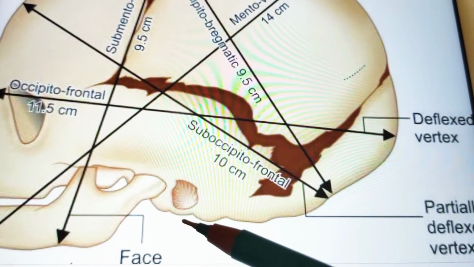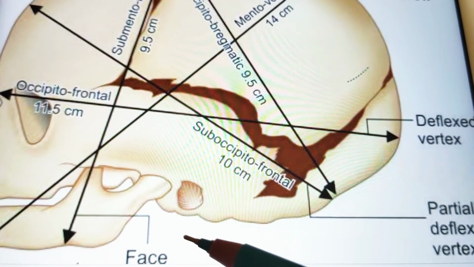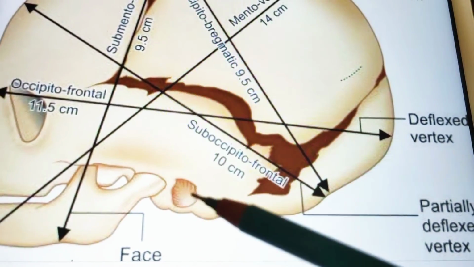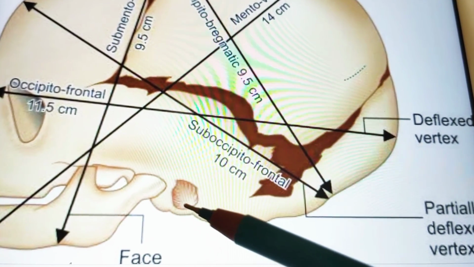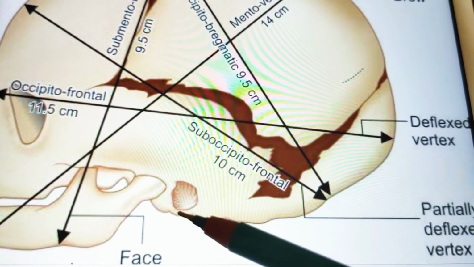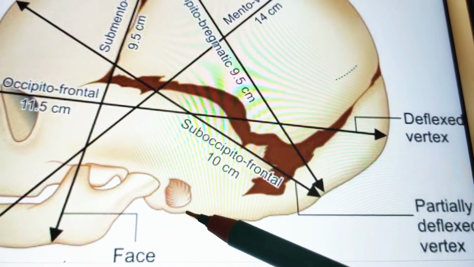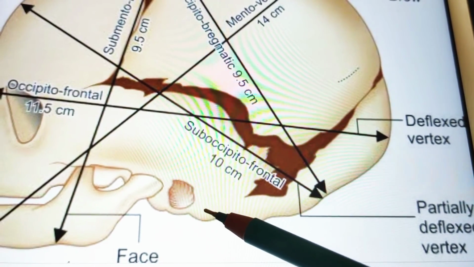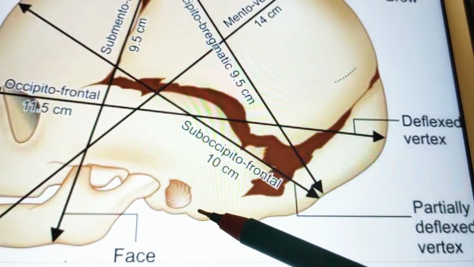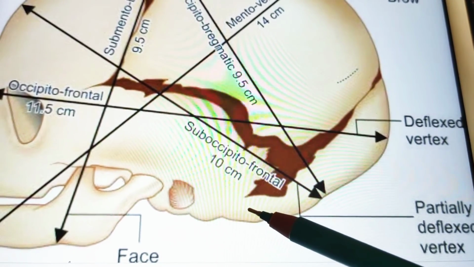The external acoustic meatus is short and straight, and its bony part is still unossified, represented by a fibrocartilaginous plate. The tympanic membrane faces downwards and laterally due to absence of the mastoid process. The stylomastoid foramen is not seen here, but it is exposed on the lateral surface of the skull because the mastoid portion is still flat.